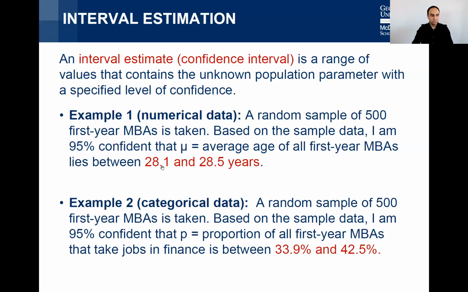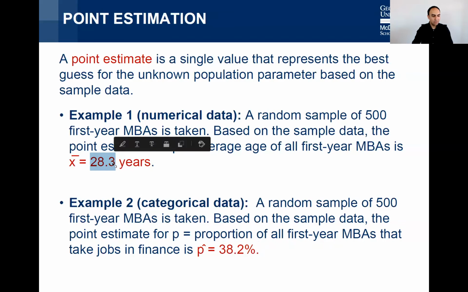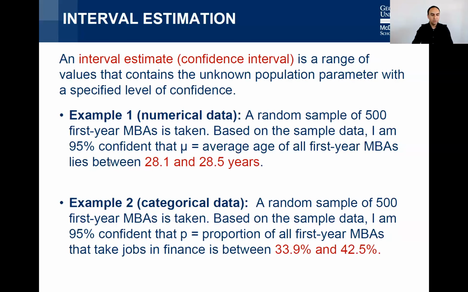So rather than just reporting one single number, a point estimate, we are reporting a more informative measure or range, in this case a confidence interval, between 28.1 and 28.5. In doing that, we also said we are 95% confident. We didn't have that when we talked about a point estimate.